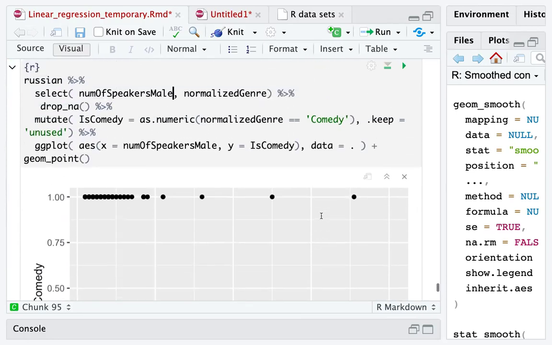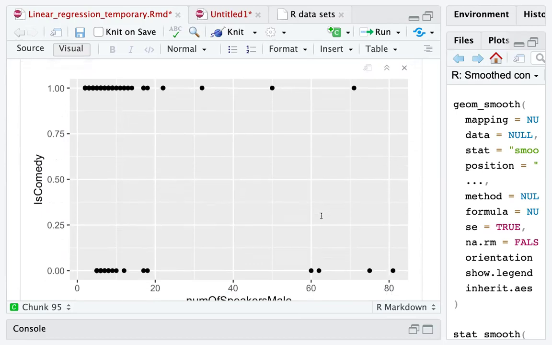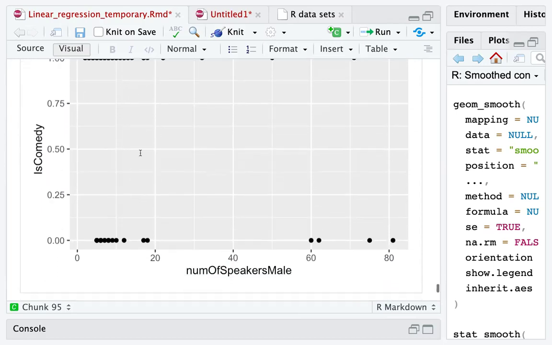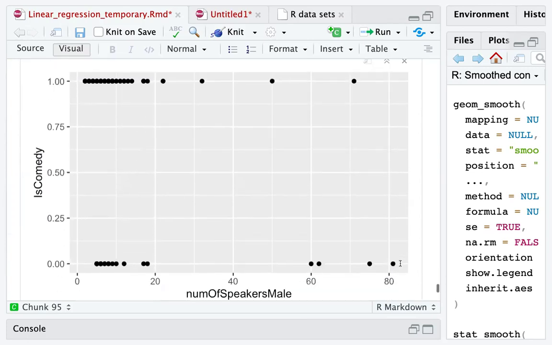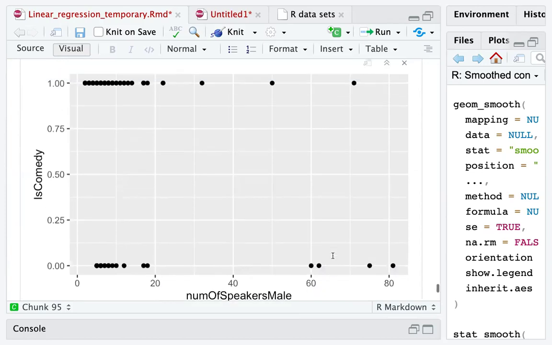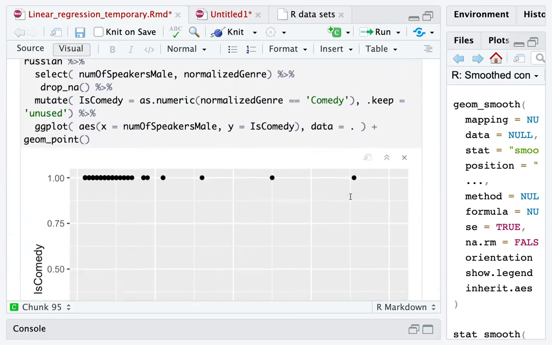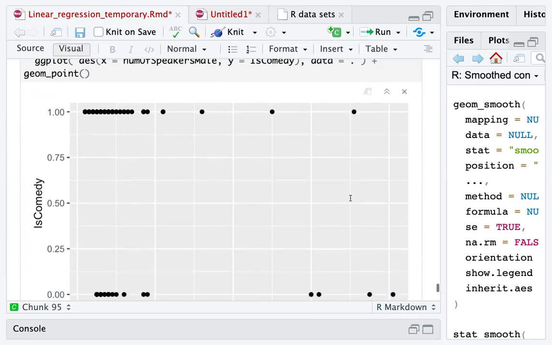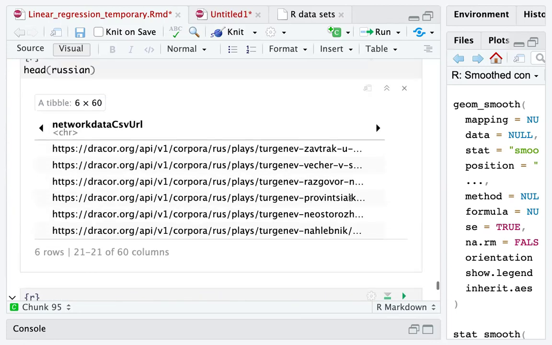So let's... yes, there are tragedies with 80 speakers, which is insane. But okay, there are also comedies with... oof, I don't know what we can use.